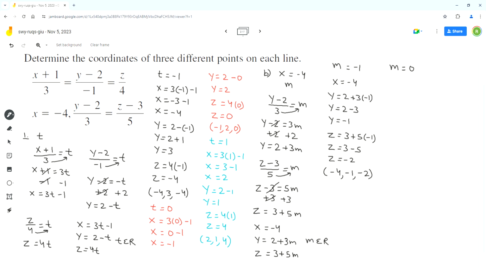Next, we can use the m value 0. The x value will stay the same. Now we can find the y value. I get y equals 2. Now we can find the z value.